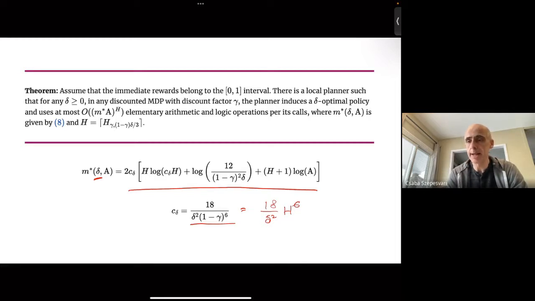We see that we can win this. But the only worrisome part, of course, is this exponential dependence on h. h is this effective horizon. That's quite problematic if this is a big number.